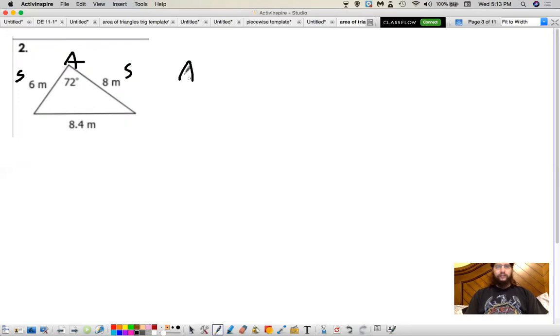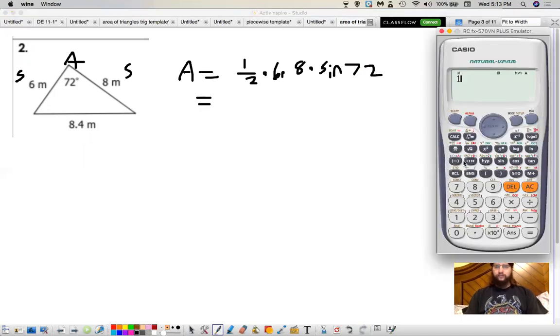So to set this one up, 1/2 times 6 times 8 times sine of 72. And whatever that is, it is. Let's see, 6 times 8 times sine of 72.